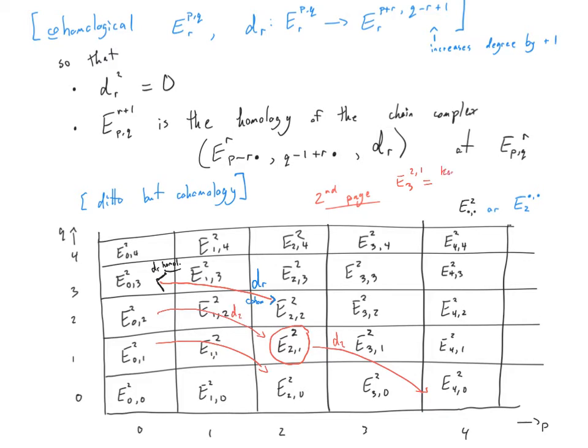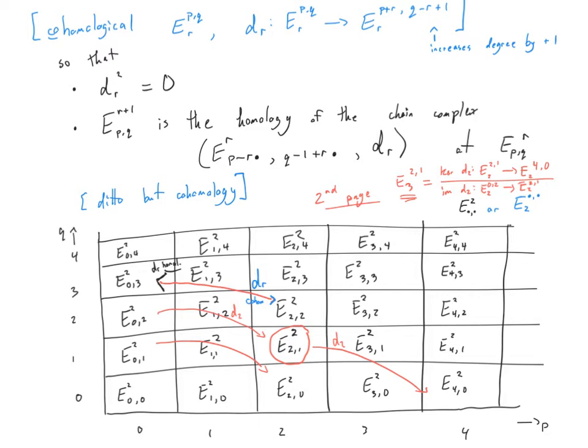It's the kernel of D2 going from E2 of 2, 1 to E2 of 4, 0, mod the image of D2 going from E2 of 0, 2 to E2 of 2, 1. That's how you would find the element on the E3 page.